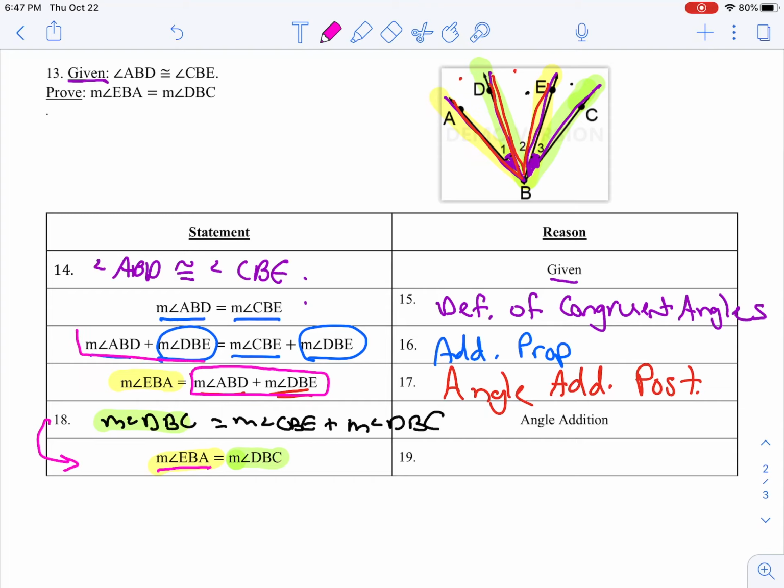Do you notice that right up here? These are the same. So we can substitute what these two angles add up to. They equal this, and we can substitute it in here. And that's where we got this. We substituted what the measure of angle ABD plus the measure of angle DBE was equal to, which is this right here, the measure of angle EBA, and put it in.